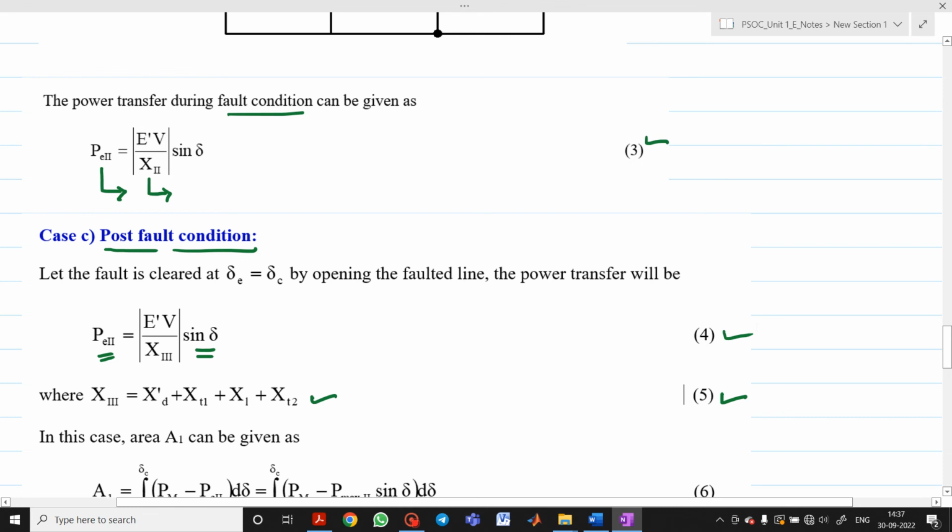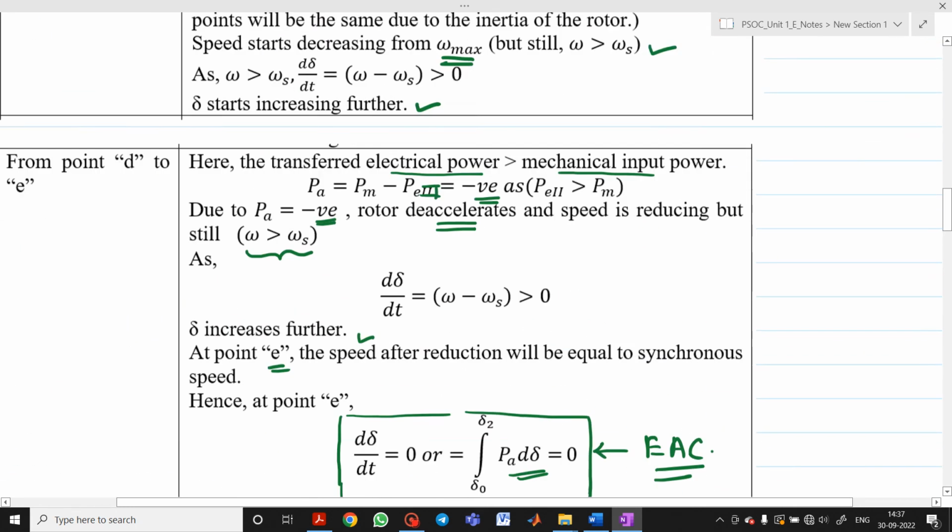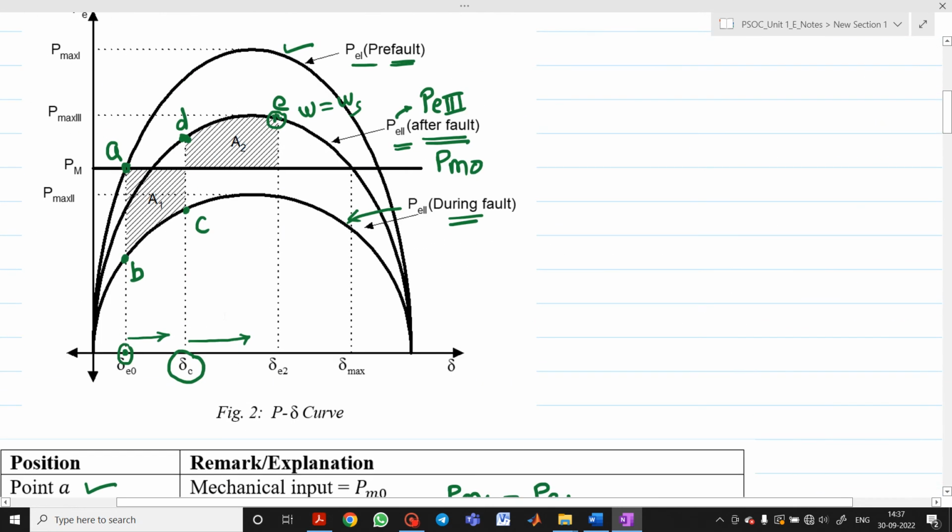Now, how can I write an equation for area A1? If you see carefully, this is your area A1. So here I will write the equation for area A1. What are the limits? Delta 0 to delta C. Now please see this curve. This will be your area 1. What is the upper limit? The upper limit is the line, so you can say it is PM or PM0.